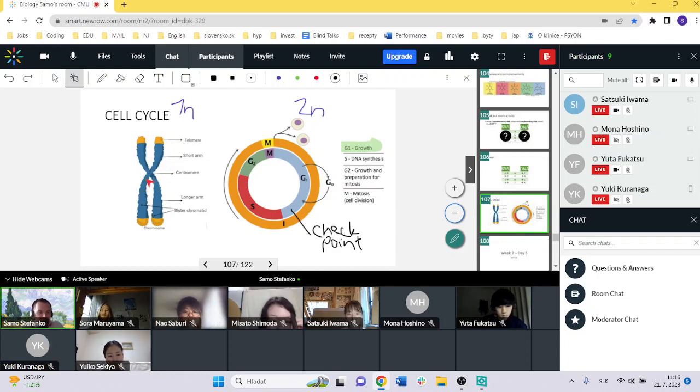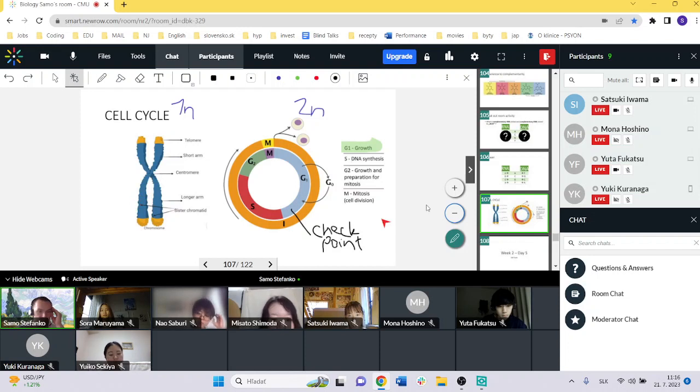We have only one centromere here in the middle, and chromatids: one chromatid on this side and the second chromatid on the left side. Both have the same DNA information, so the information on this spot is similar to the information on this spot.